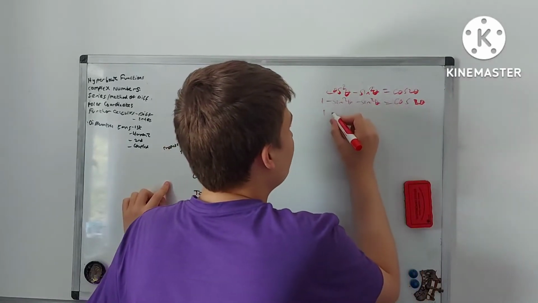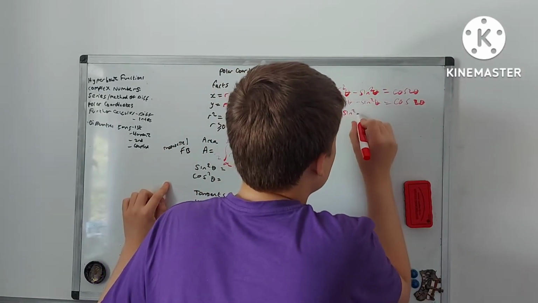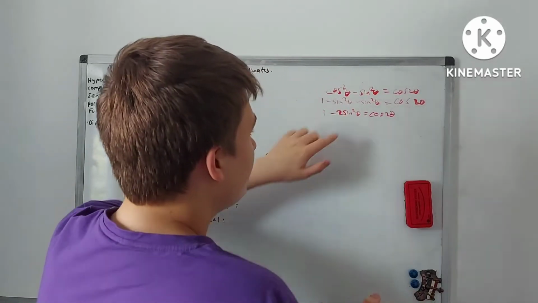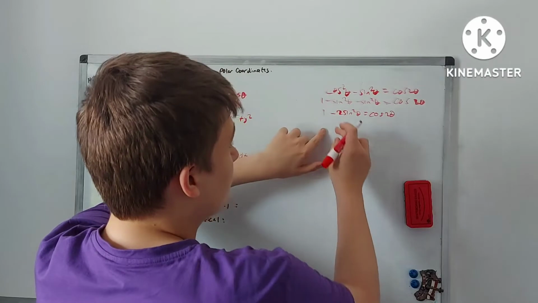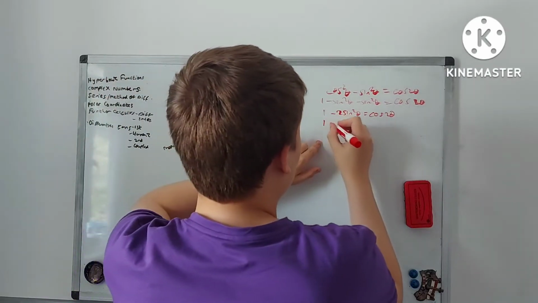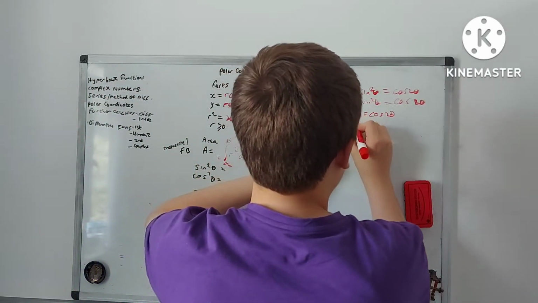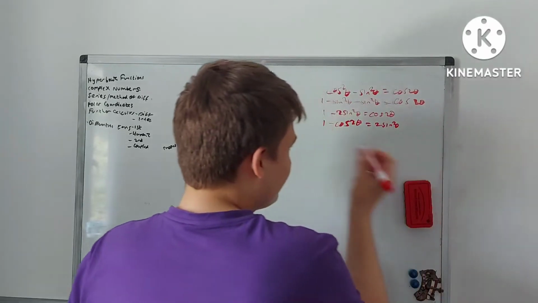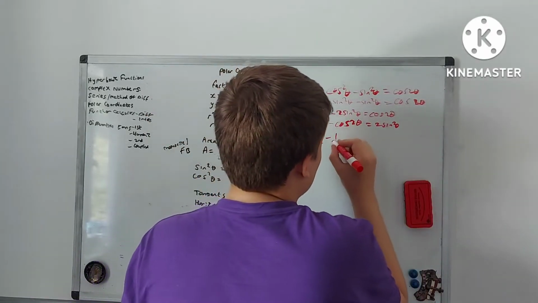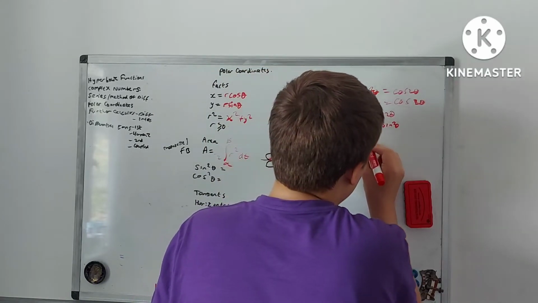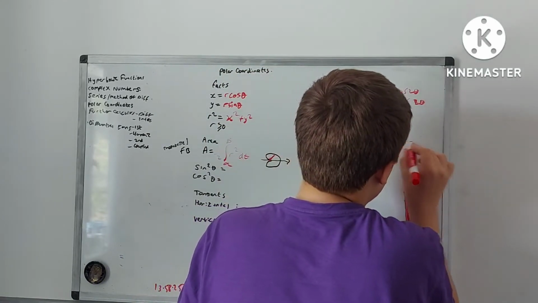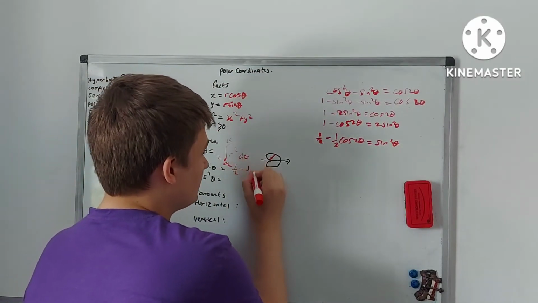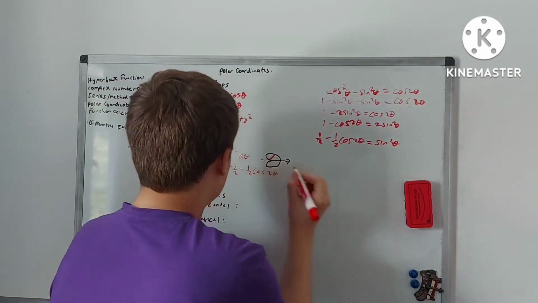So it's 1 minus 2 sine squared theta, cos 2 theta. Now I want sine squared, so I'm going to add that to there, so it's 1 minus cos 2 theta equals 2 sine squared theta. Divide everything by 2, so it's just a half minus a half cos 2 theta. So half minus half cos 2 theta for sine.